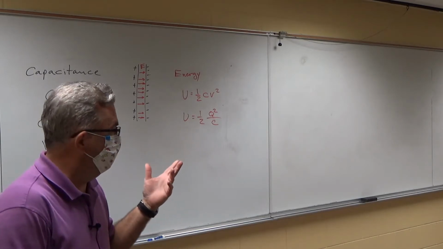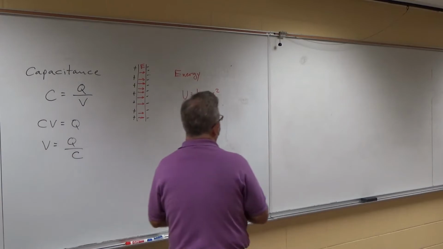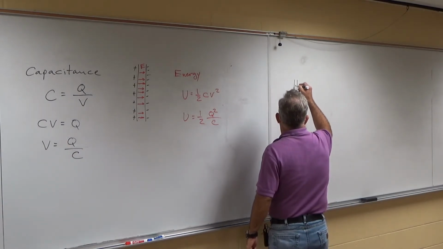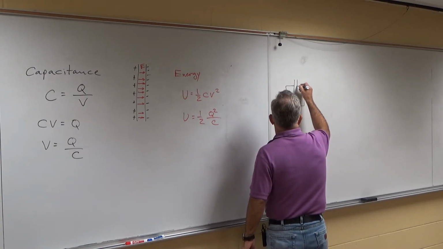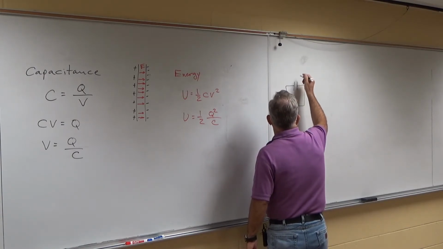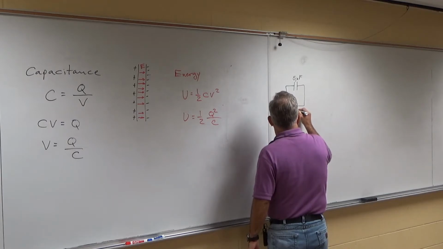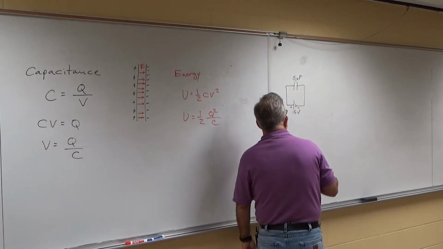So let's say you charge up a capacitor, just to give us an idea. Say there's a simple circuit, 5 microfarad, and this is 15 volts. Let's go ahead and calculate the charge that would be on this.